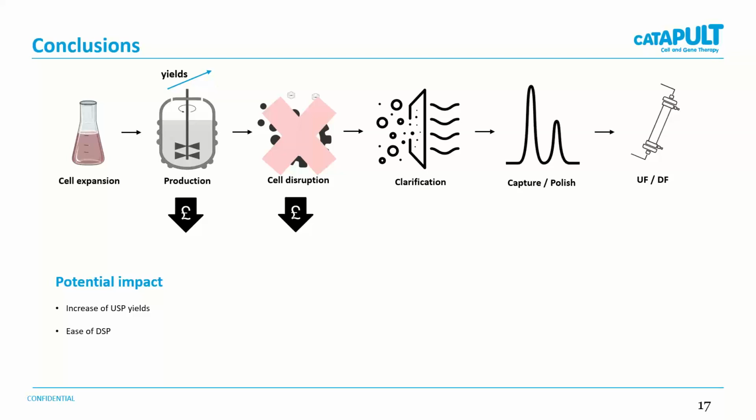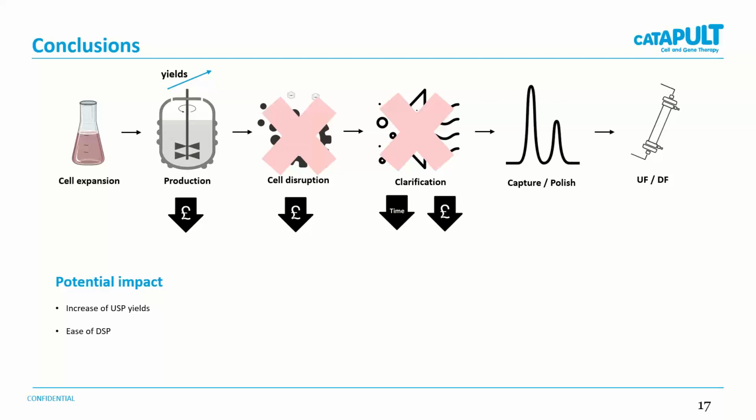We could basically think about maximizing AAV release in the supernatant, and harvest directly. And again, it's a decrease of the cost, but we could even think further and get rid of the clarification, do direct capture. And in this case, we shorten the DSP, we reduce the time, and we reduce the cost again. So all of that is potential impact.